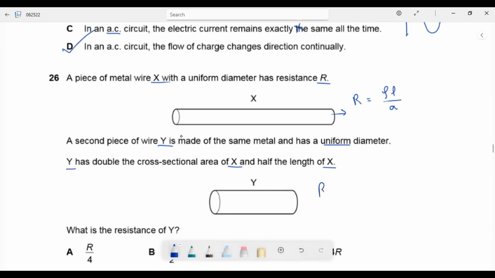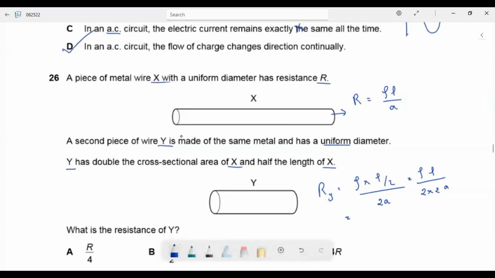The resistance of Y can be written as rho into the length, half L, by 2 times the cross-sectional area, 2A. So rho L by, the 2 comes downside, 2 into 2A.